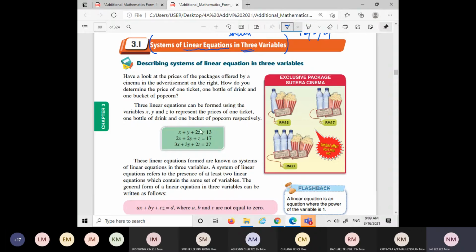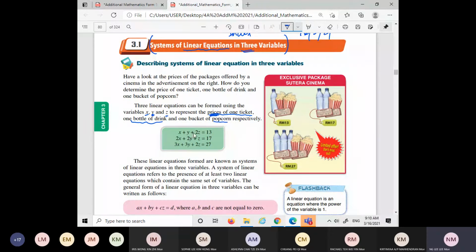You have to be very clear every time you form the system of equations about what is x, what is y, and what is z. Is x the number of tickets, or is x the price of 1 ticket? Students always make mistakes this way. Here, x is the price of 1 ticket, y is the price of a drink, and z is the price of a popcorn.